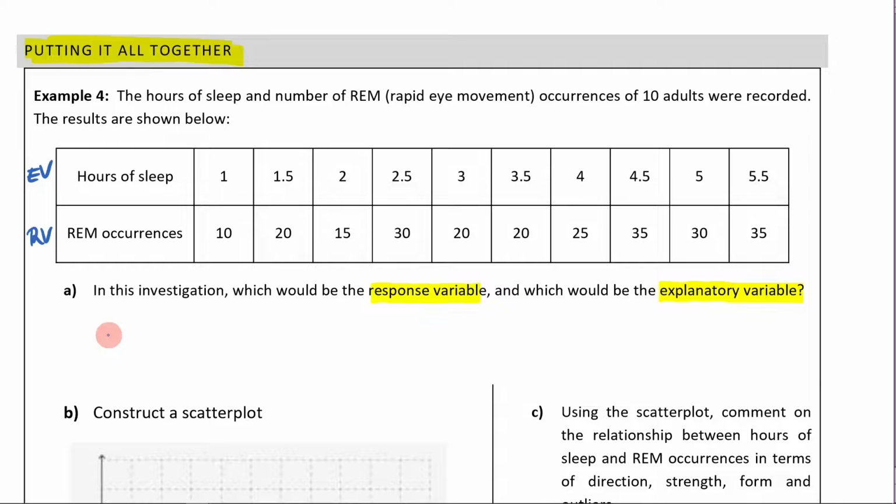So we're going to write that my explanatory variable is hours of sleep and my response variable is the REM occurrences. Perfect. So there we have identified my explanatory and response variables.